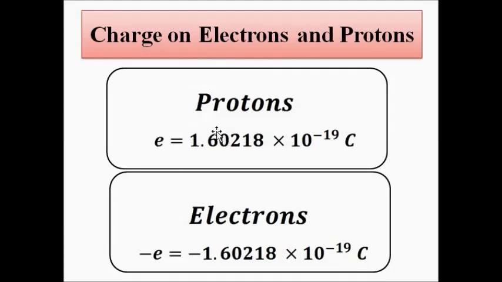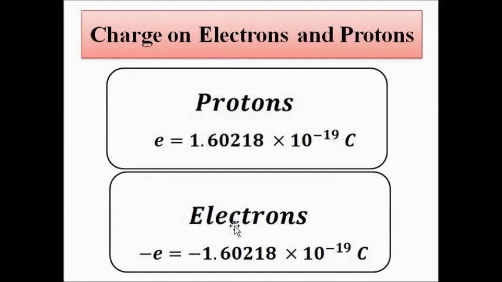This value 1.6 into 10 to the power minus 19 coulombs is collectively written as the standard electronic charge e. And so we say that protons carry plus e amount of charge. When we say plus e amount of charge, or simply e, we mean that it has 1.6 into 10 to the power minus 19 coulombs.